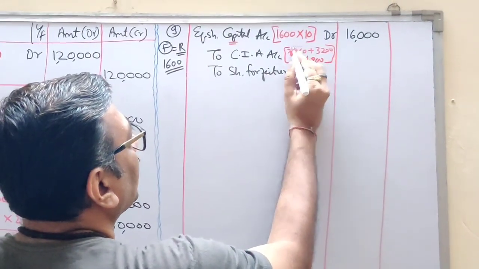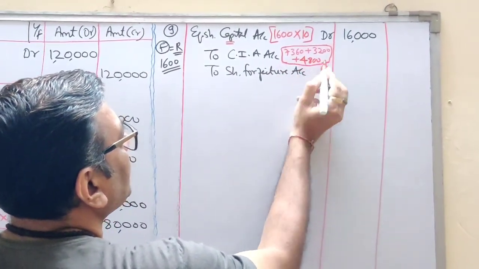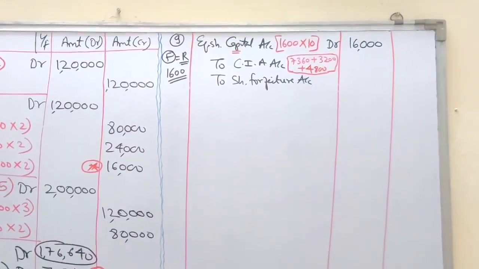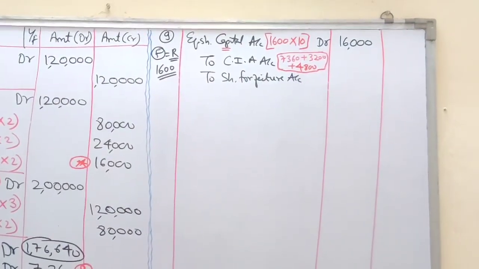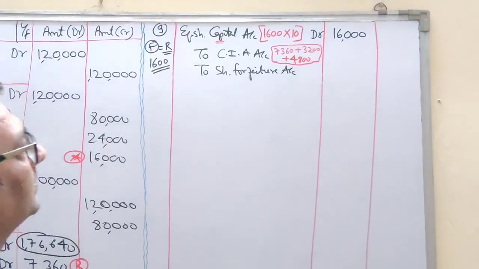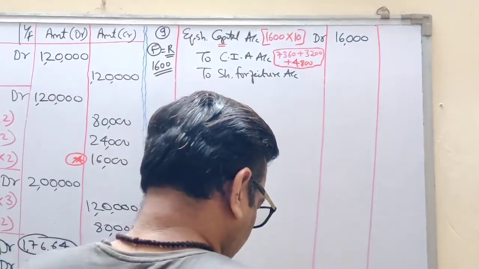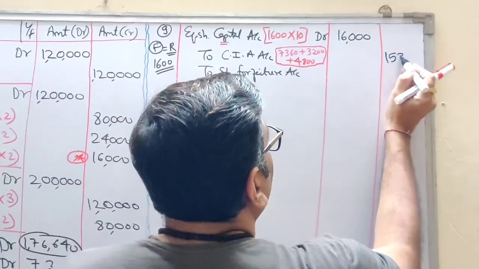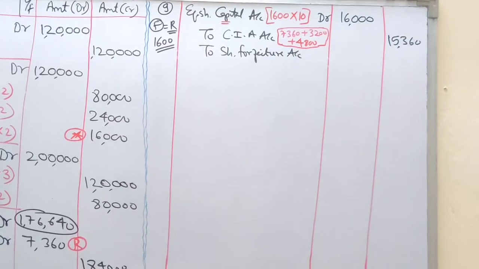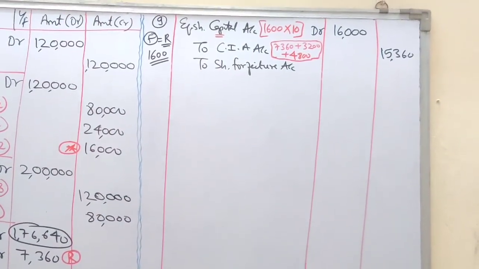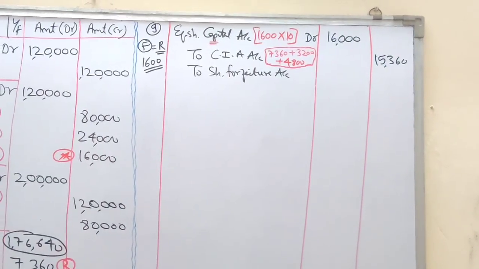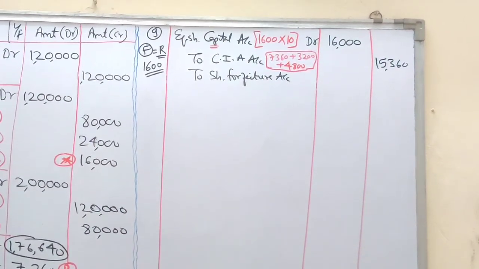So adding all the arrears of Ramesh, you will get the total arrear amount. 7360 plus 3200 plus 4800. So the amount is 15,360, correct? Let me check again. 7360 plus 3200 plus 4800. Yeah, 15,360.